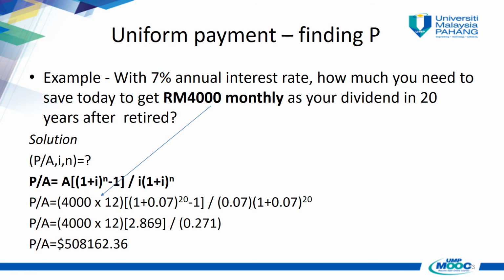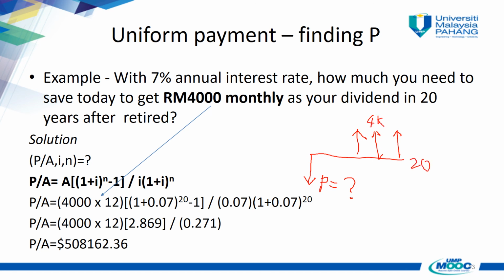Let's say an example with 7% annual interest rate. How much money do we need to save today so that we will consistently be paid 4,000 after we retire? We need to have savings over 20 years.